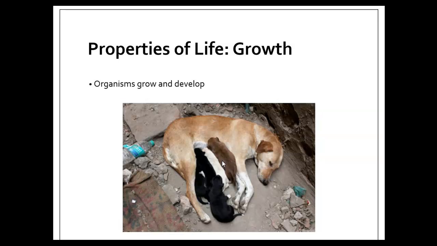They're going to develop into adolescent dogs, which are dogs that are around 1 or 2 years old. And then they're going to grow up into adult dogs. So development, and then of course one day they'll get older and they'll go through the stages of death. So growth is just getting larger, and development is going through the different stages as we get older.